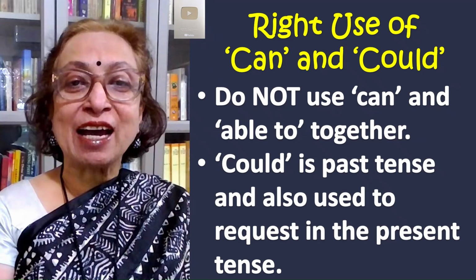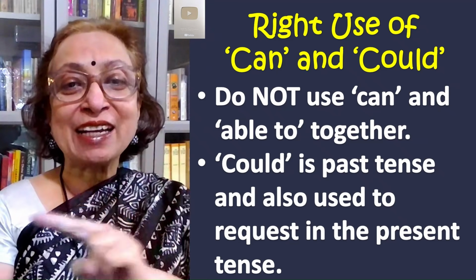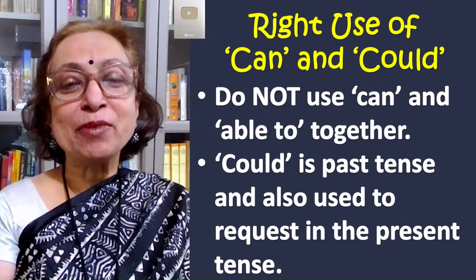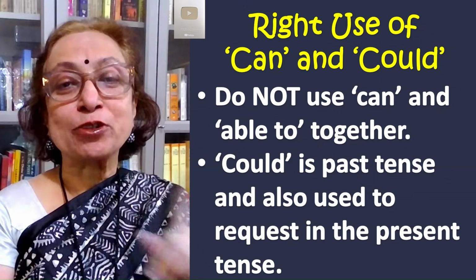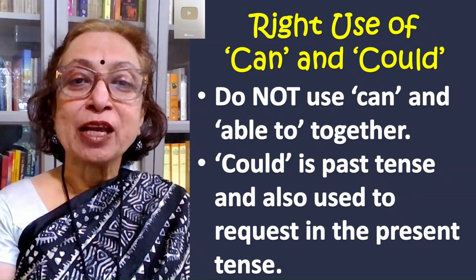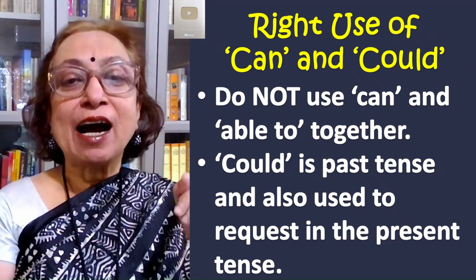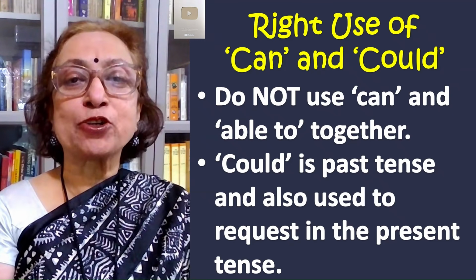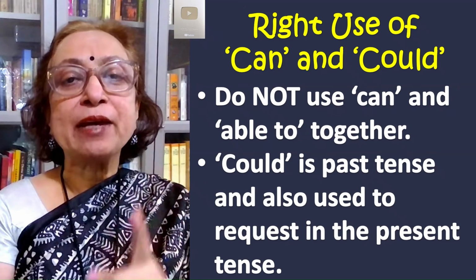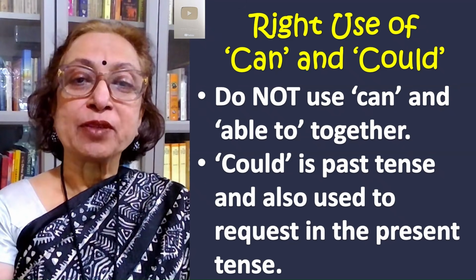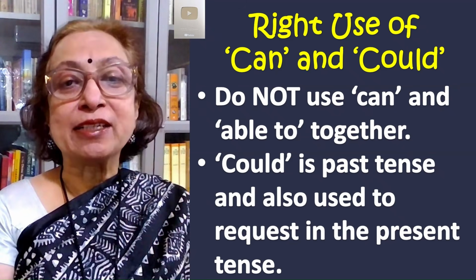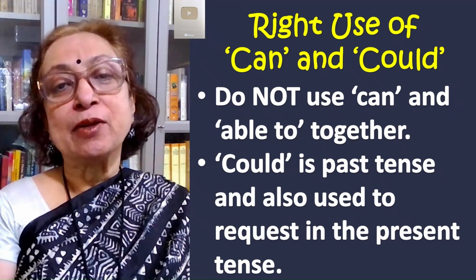Able to means can. So saying I can speak English or I'm able to speak English is repetition. So we should remove the repetition. You should either say I can speak English or I am able to speak English. Can shows ability, that you can do it.